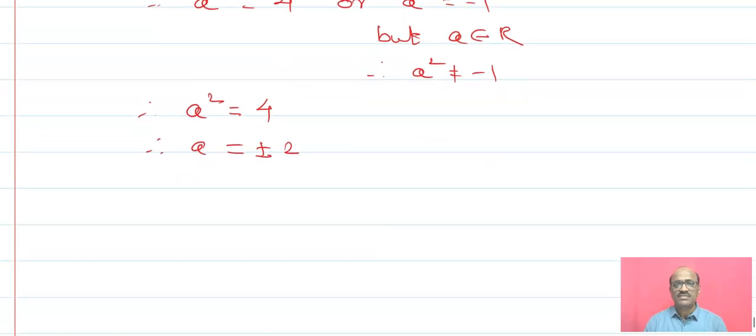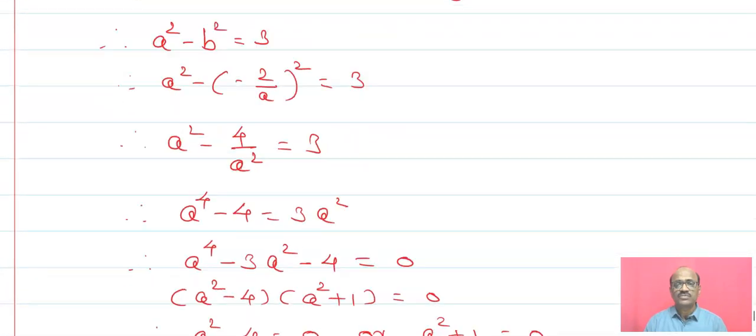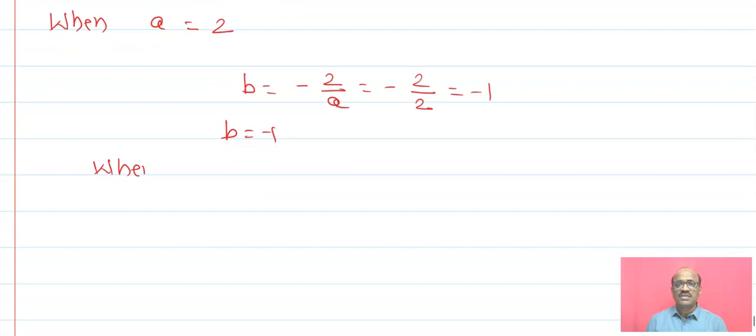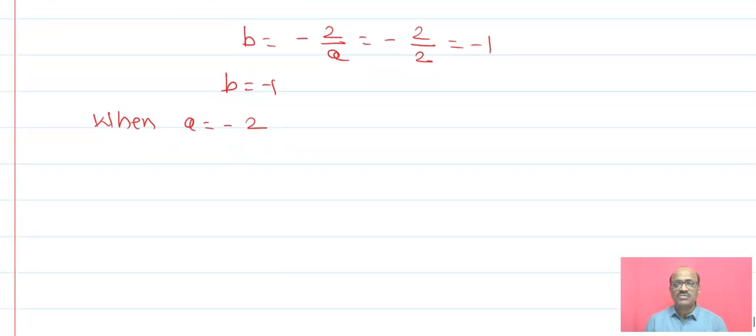Therefore a square is equal to 4, a is equal to plus or minus 2, and again when a is equal to 2, b is equal to minus 2 upon a, that is minus 1. When a is equal to minus 2, then you will get b is equal to plus 1.